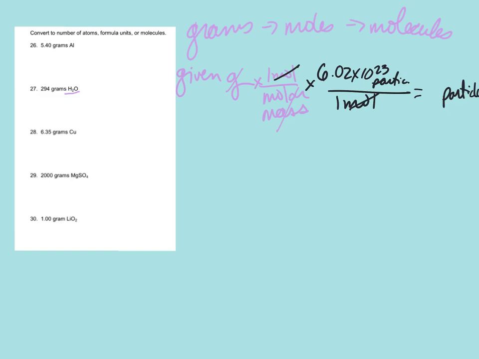So again I'm going to do 27. So we have 294 grams of water. Okay, so to convert grams to moles, we take the molar mass. The molar mass of oxygen is 16. The molar mass of hydrogen is 1. So 1 times 2 plus 16 is 18.